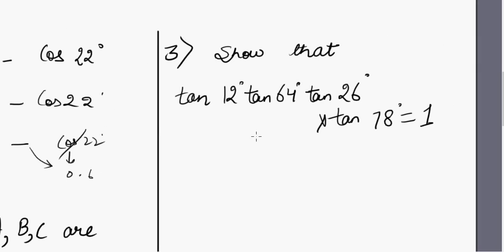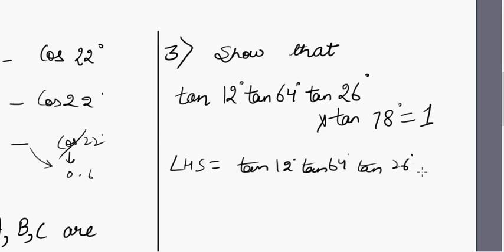The third question says that show that this particular value on the left hand side is 1. So let the left hand side be tangent 12 degree, tangent 64 degree, tangent 26 degree into tangent 78 degree.